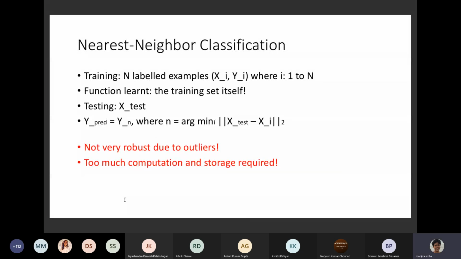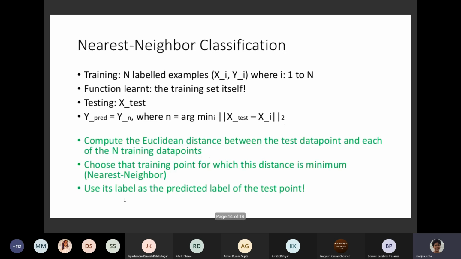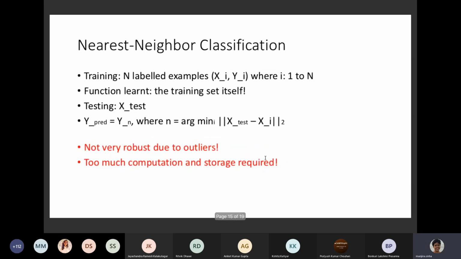Now there are certain concerns, because the entire prediction is dependent only on the one training example whose distance is minimum. So it is not very robust to outliers, right? Because if the closest training point is an outlier, then my predicted label will also be wrong, because it will take the label of the outlier.